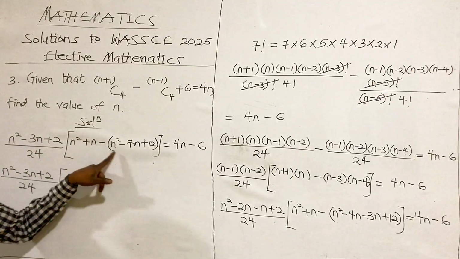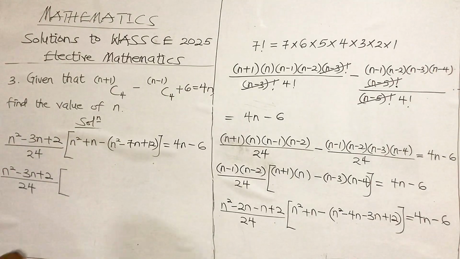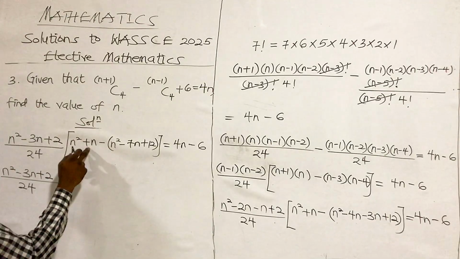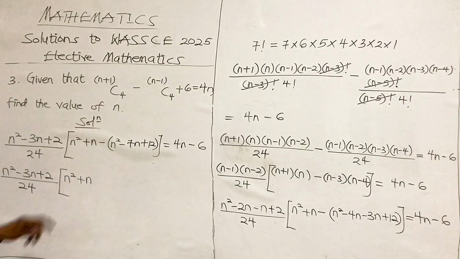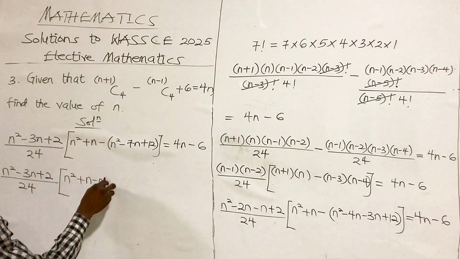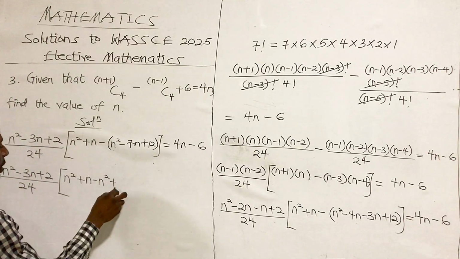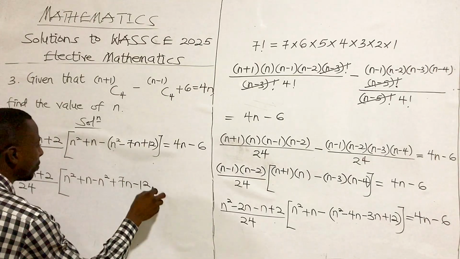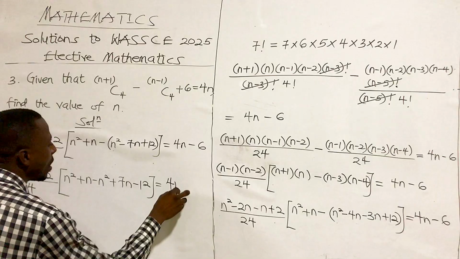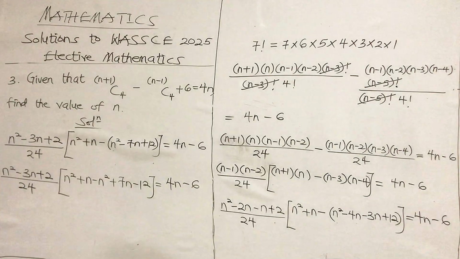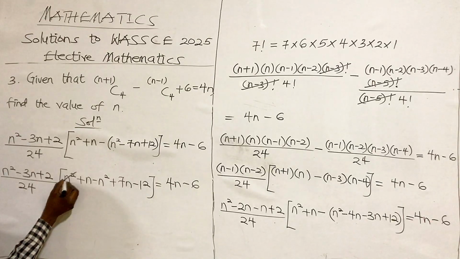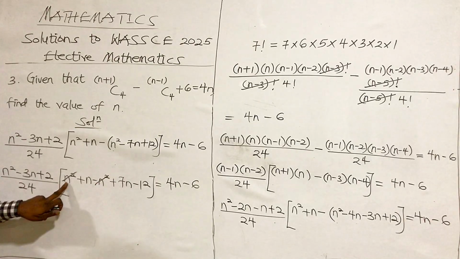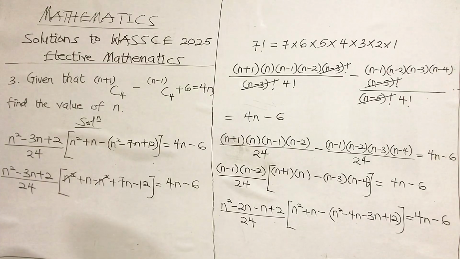So from here, the negative will affect everything in the bracket. So we are getting n squared plus n. Then the negative will affect this. We have minus n squared. Negative, negative, we have positive 7n. Negative by 12, we have minus 12, which is equal to 4n minus 6. So we are going to simplify what we have here. This can take out this, because this is positive n squared, we have minus n squared. They will give 0.